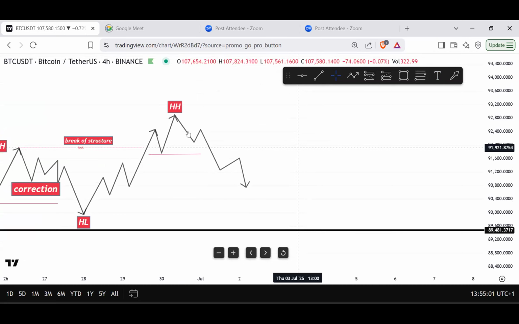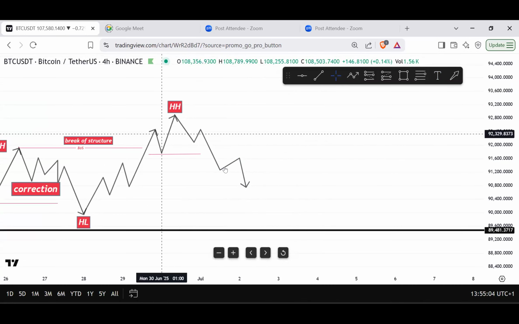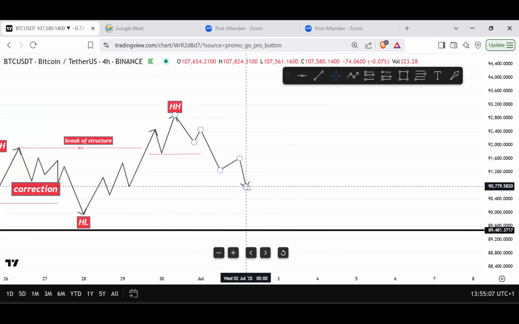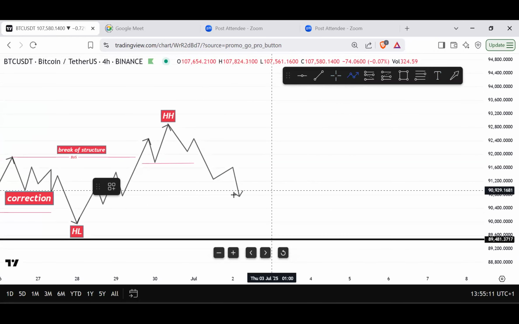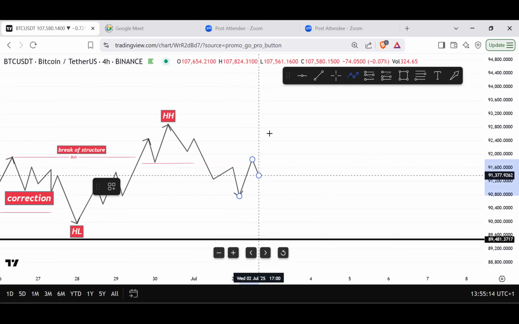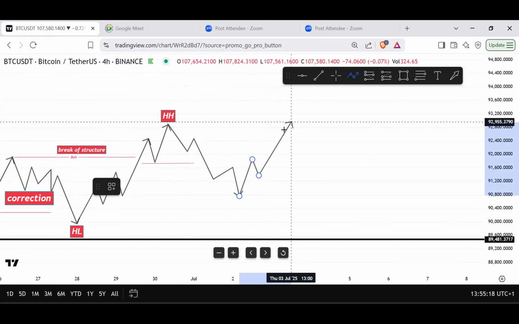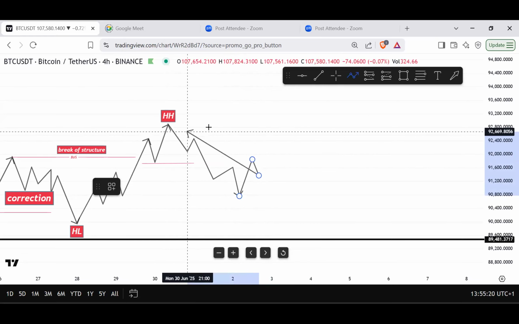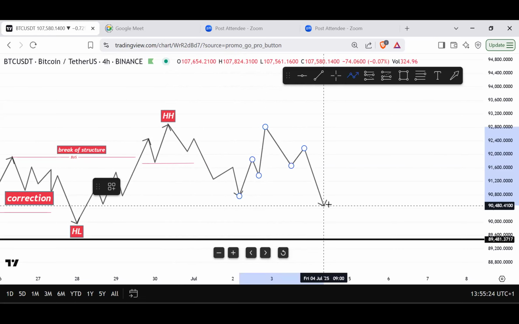So now this is a correction. We do not know the end of this correction yet until we see price go higher than this point. Price can come close like this and return like all of this.